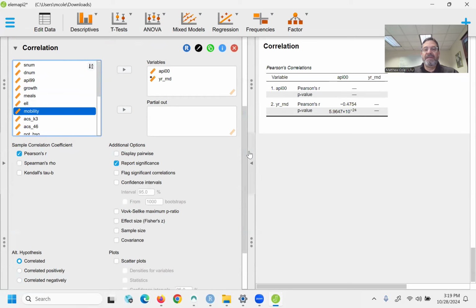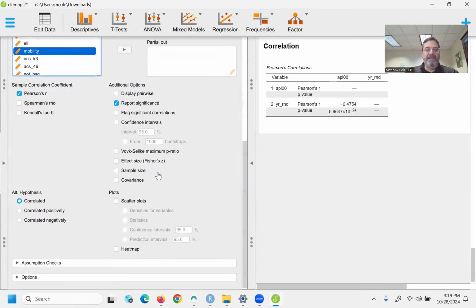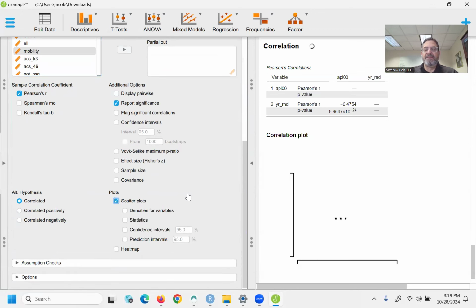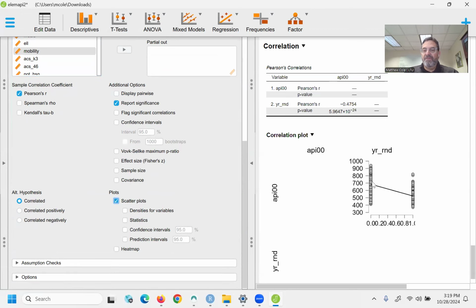Okay, it does it, and when we plot it, here's the scatter. We have all of the API scores for when year round was 0, and we have all of the corresponding academic performance scores when year round was 1.